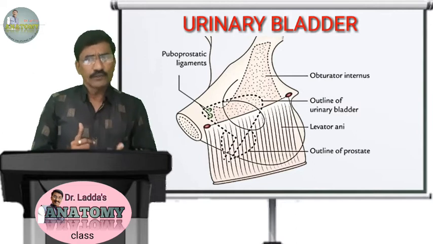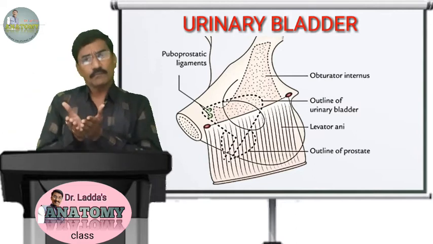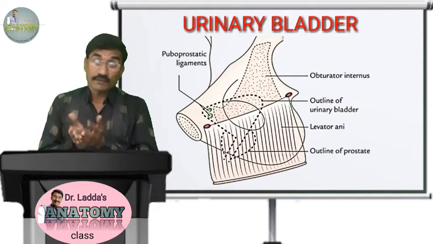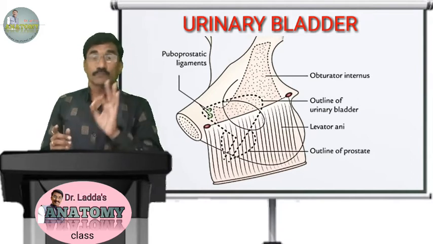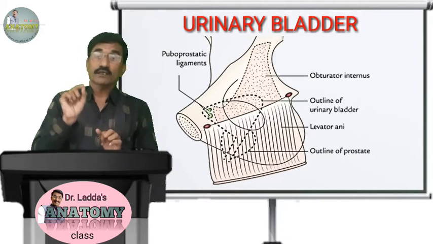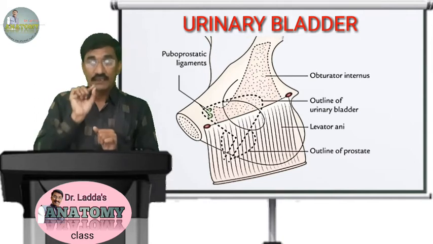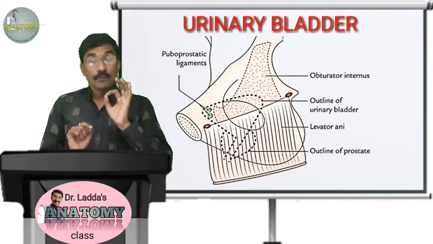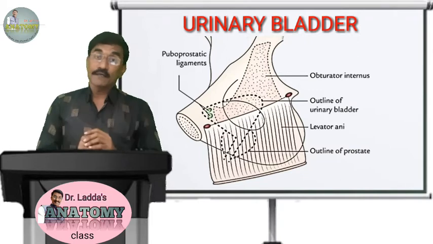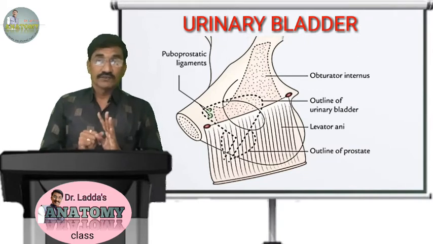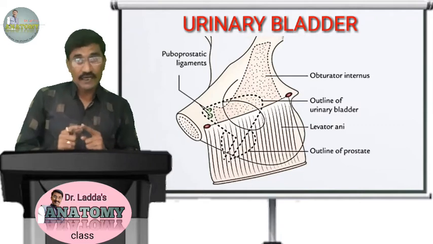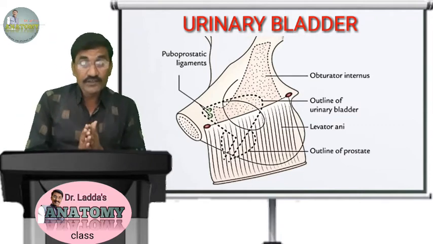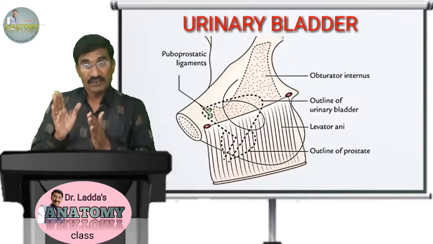Now if I am going to write about the inferolateral surfaces of male and female, I am supposed to write: the inferolateral surface of the male bladder is related with the pubis, second the puboprostatic ligament, and two muscles, one is levator ani and the second is obturator internus muscle.